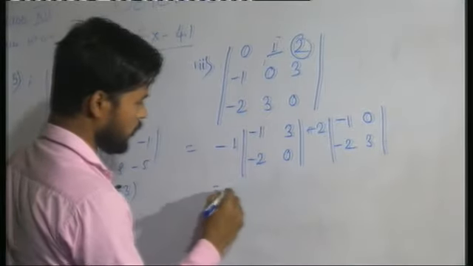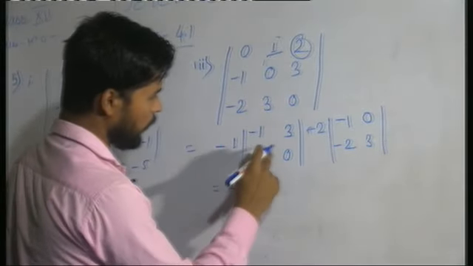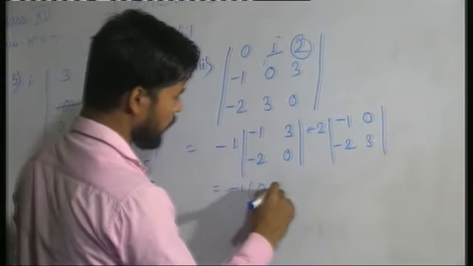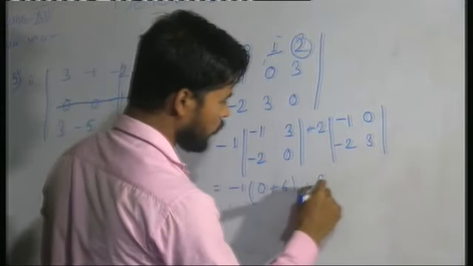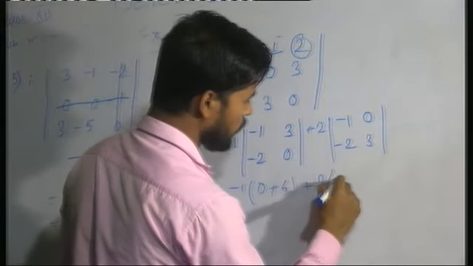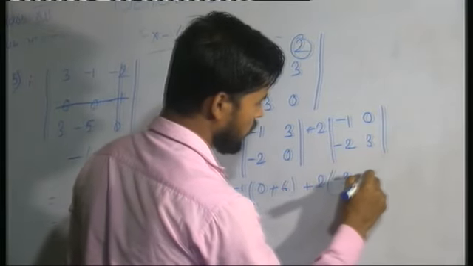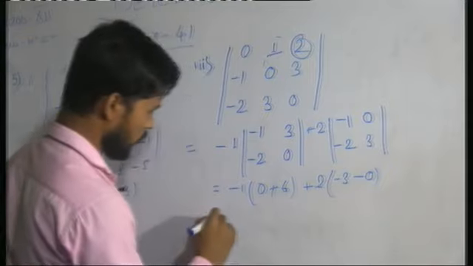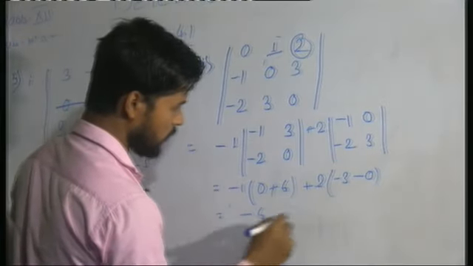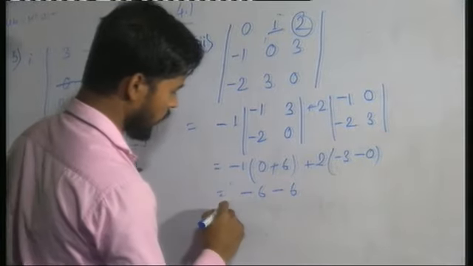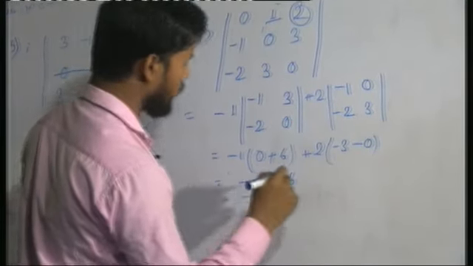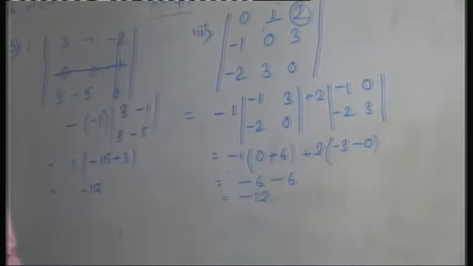Now expand it. So -1 into 0 is 0, -2 into 3 is -6, plus 2 into -3 into 1 is -3, and it is a 0. So that is -6, and this is -6. So -6 minus 6 is equal to -12. Okay.